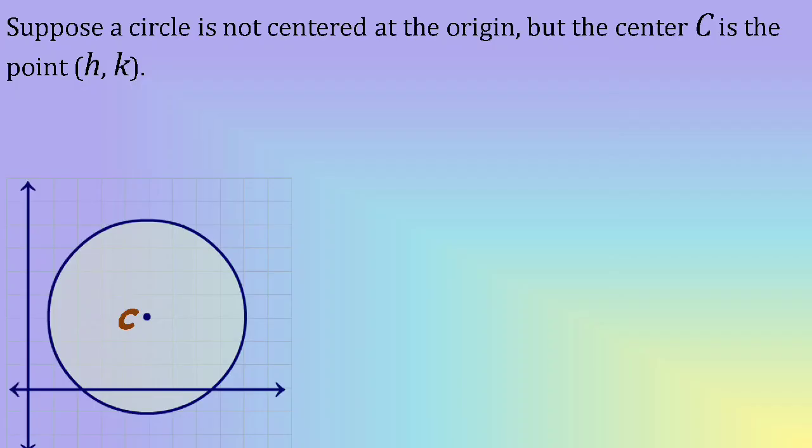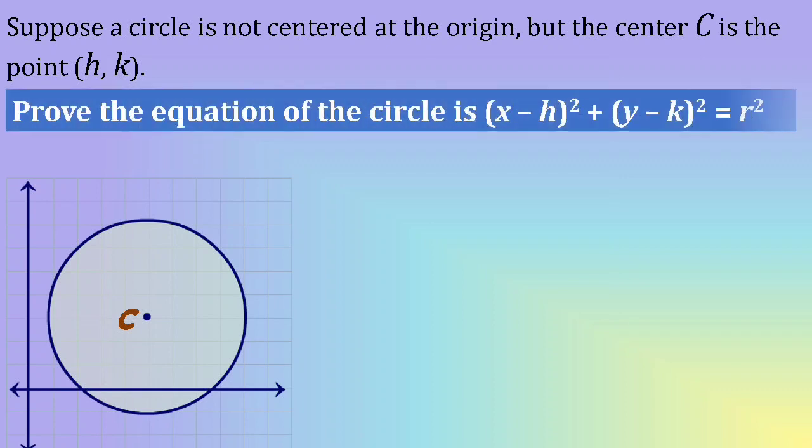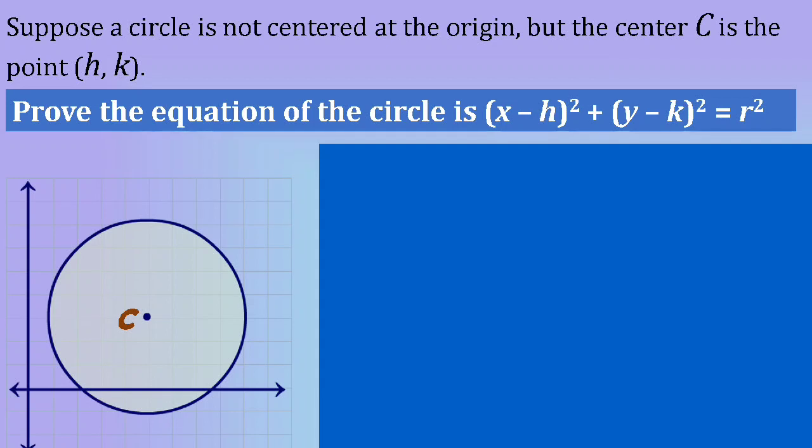On our next slide, suppose a circle is not centered at the origin, but the center C is the point represented by (h, k). We need to prove that the equation of the circle is the quantity x minus h raised to 2 plus the quantity y minus k raised to 2 is equal to r raised to 2. Just like the first proof, for any point P represented by (x, y) on the circle, we can represent segment CP as equal to r.